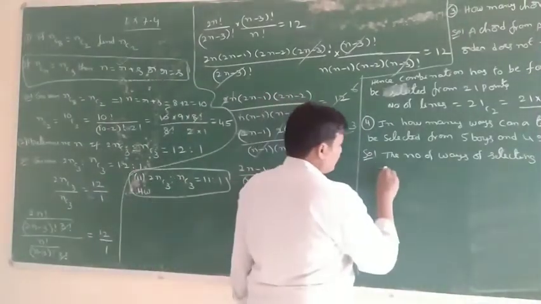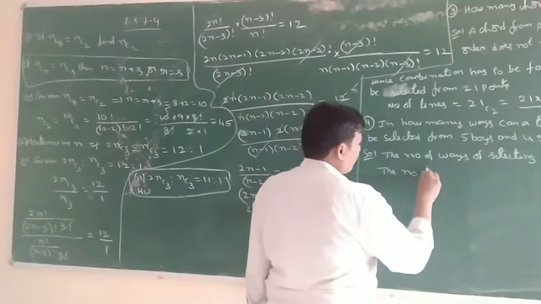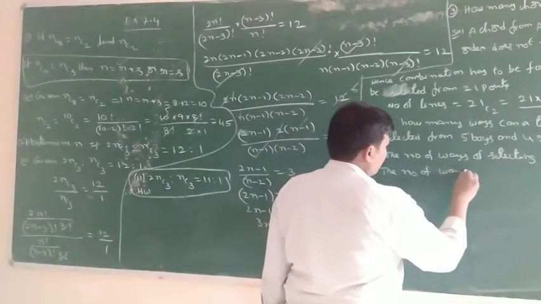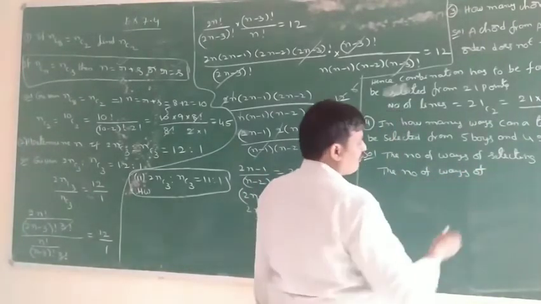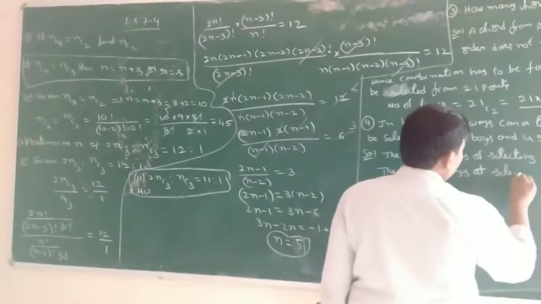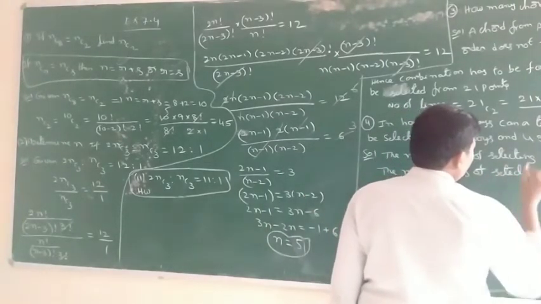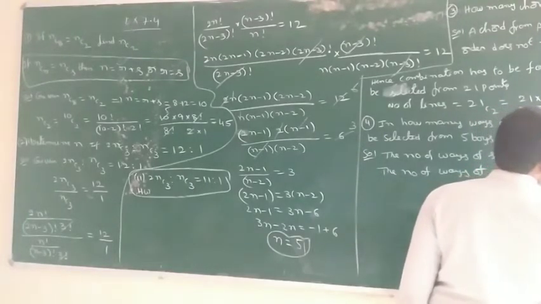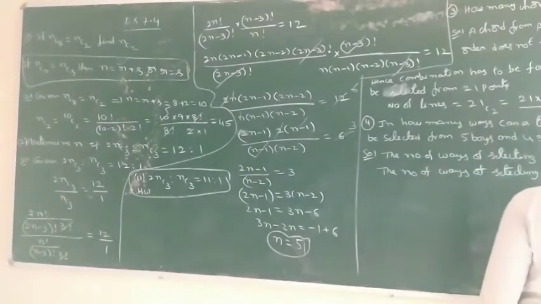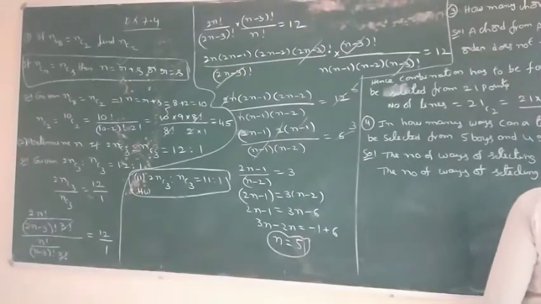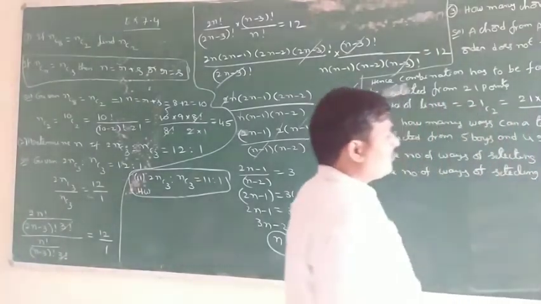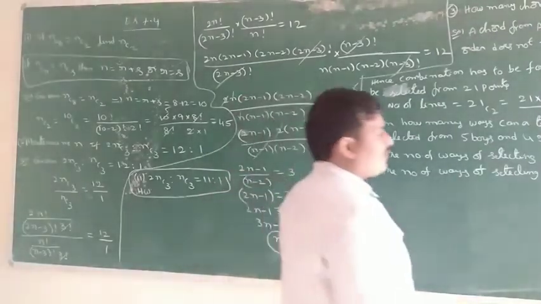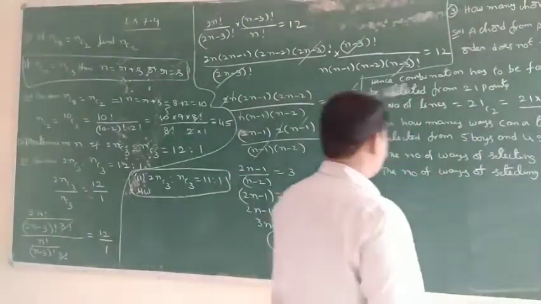Next, the number of ways of selecting 3 girls from 4 girls is 4C3. 4C3 is equal to 4 factorial by (4 minus 3) factorial, so 4.